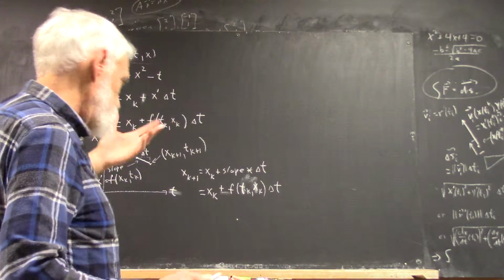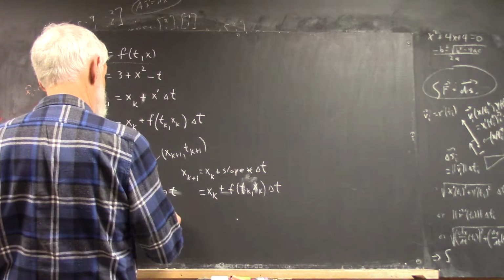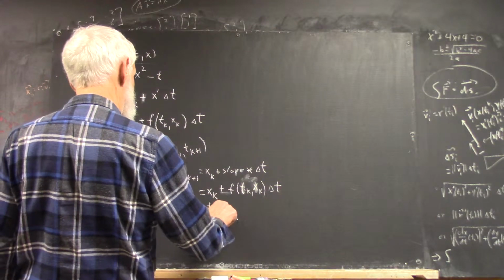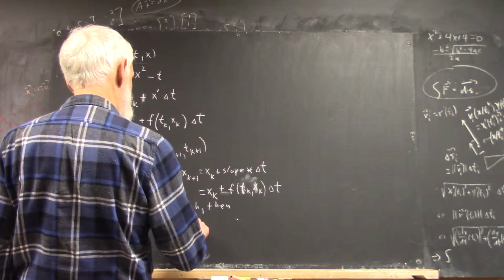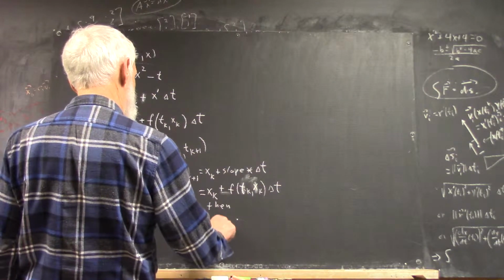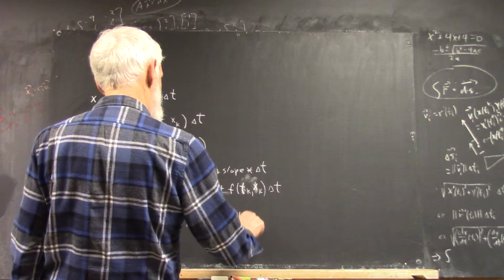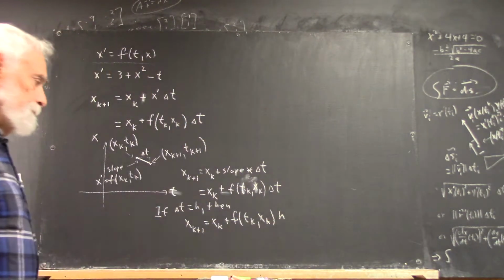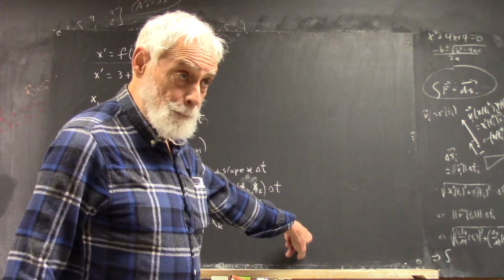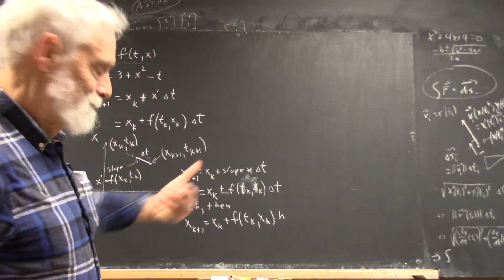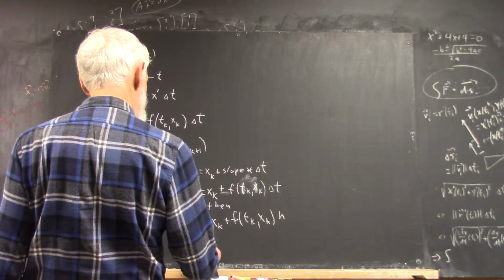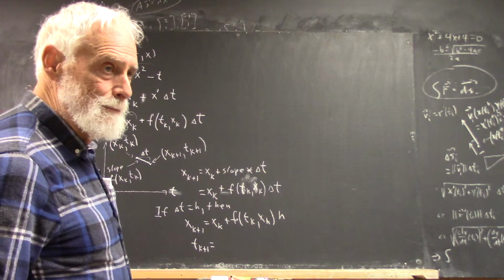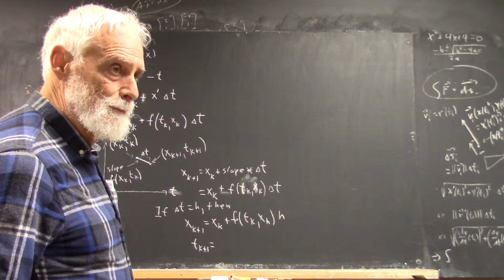So right there is how you go to your next step. And of course, you want a formula for t sub k plus 1, which will be what?